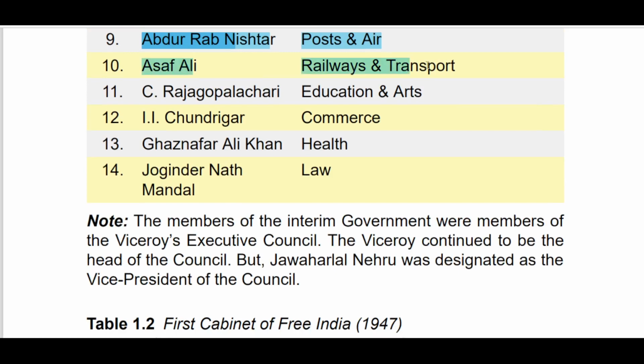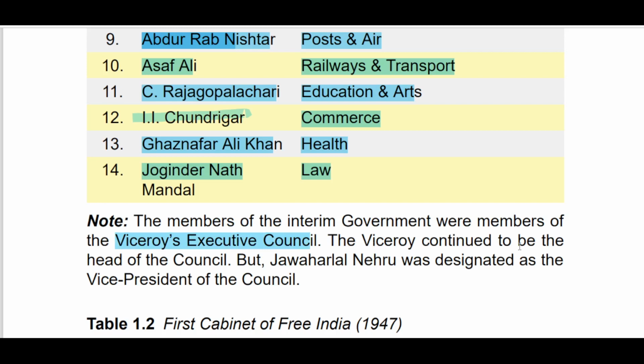Then Asaf Ali, Railways and Transport Minister, and C. Rajagopalachari, Education and Arts Minister. I.I. Chundrigar, the Commerce Minister. Ghazanfar Ali Khan, Health Minister, and Joginder Nath Mandal, the Law Minister.